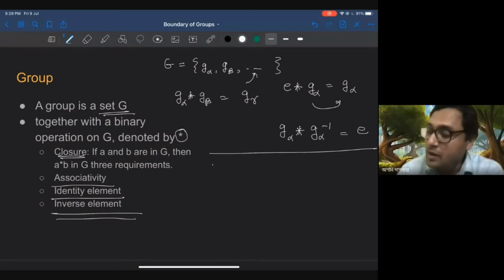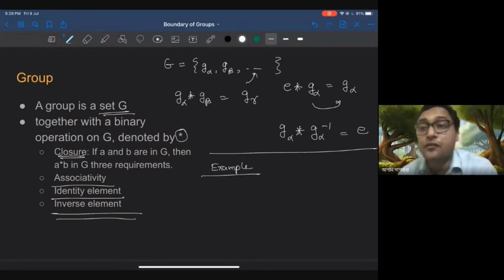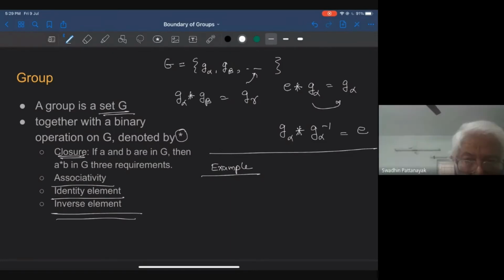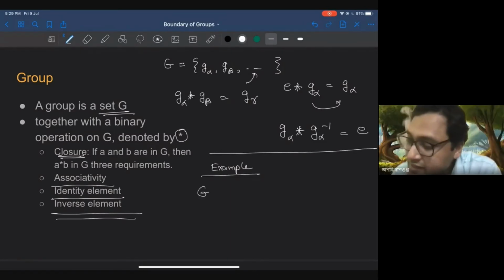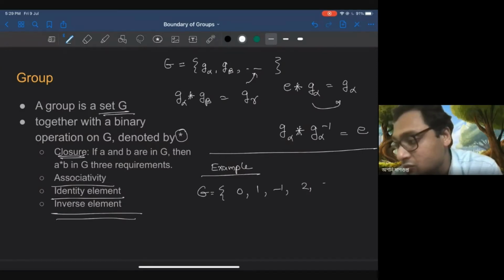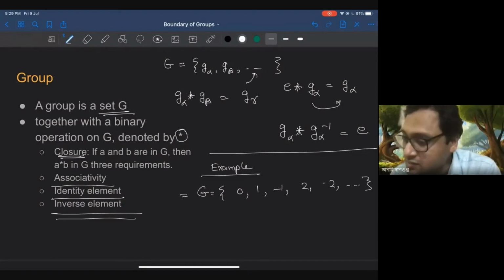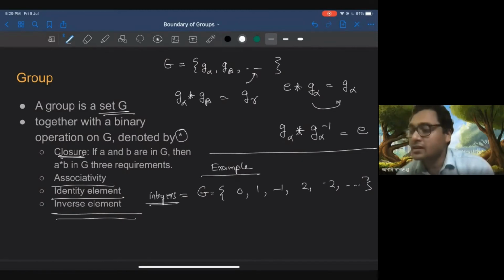I want to talk about one example because it will be useful for our purpose. It's a very simple example. We take the set as the set of all integers, 1, minus 1, 2, minus 2, and so on. This is the set of integers. It's easy to see that this set of integers forms a group.